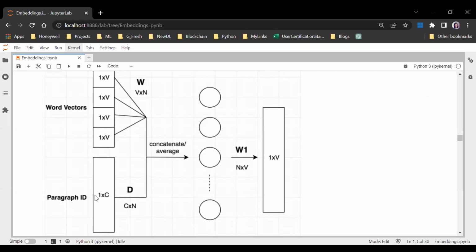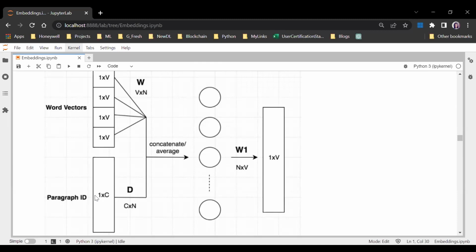One is the distributed memory version of paragraph vector, and another is the distributed bag of words version of paragraph vector. Both of these are similar to the CBOW and skip-gram approaches respectively. In the distributed memory version of paragraph vector, we predict the next word given a set of words.